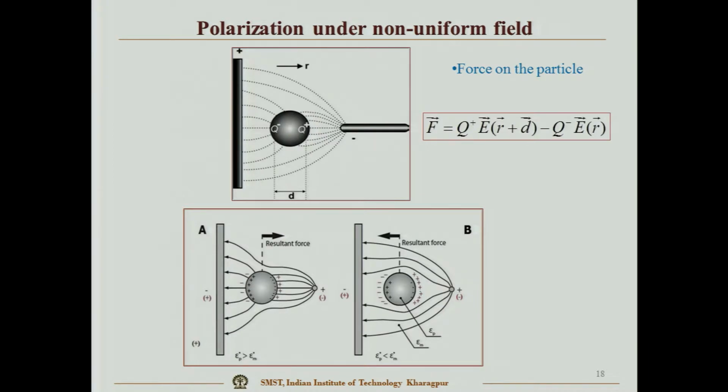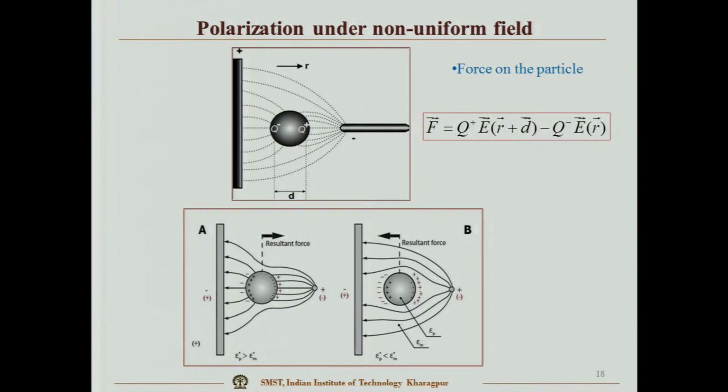Two cases may happen, as I told earlier. In the first case, if the dielectric constant of the particle is much higher than the media, then the electric field distribution will be like this. So, much of the electric field will go through the cell, through the particle, and in the other case, very little electric field will pass through the particle.